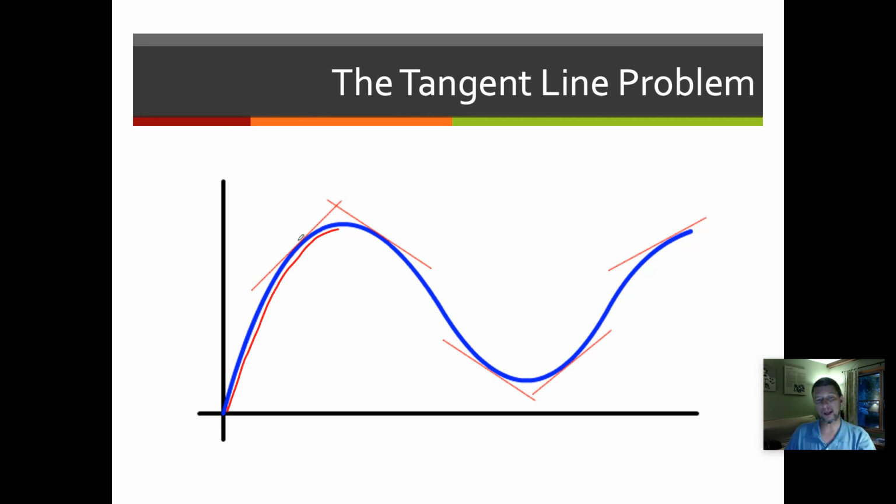And if I tried to calculate the slope at this point right here, this red line represents the slope. That is the tangent line. The tangent line on this side is here. And of course, this tangent line has a negative slope. This tangent line, interestingly enough, is parallel to the second one, and it also is negative.